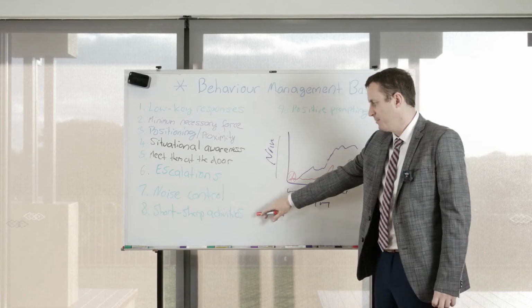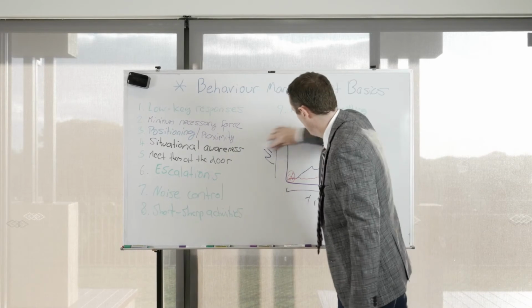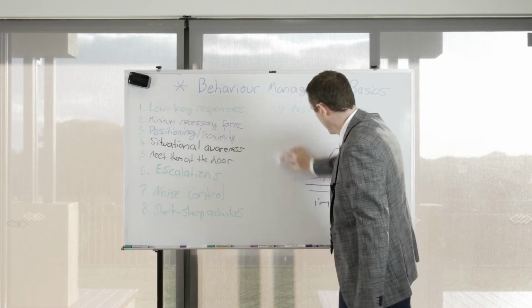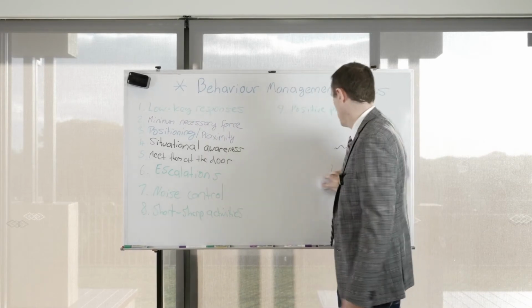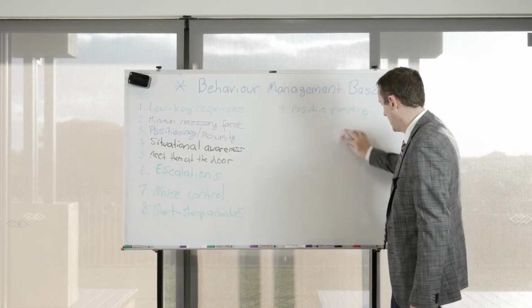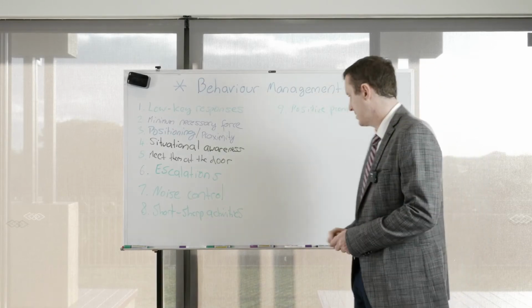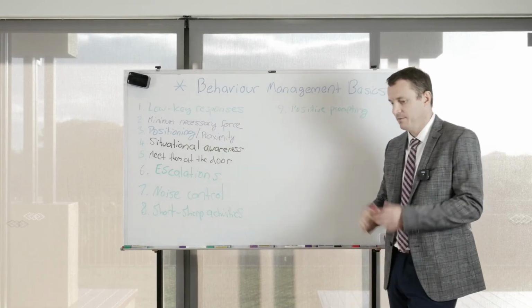One way, for example, is short, sharp activities, and what that basically means is that you're moving away from doing activities that are 15 minutes long, 20 minutes long, to doing more teacher-centred activities that are 3 minutes long, 4 minutes long, those types of things. So short, sharp activities is great for small group work.